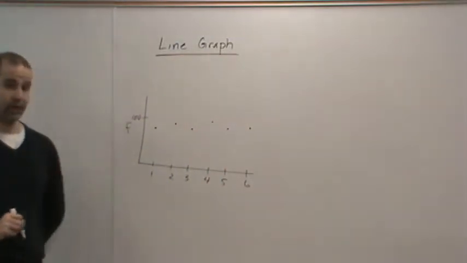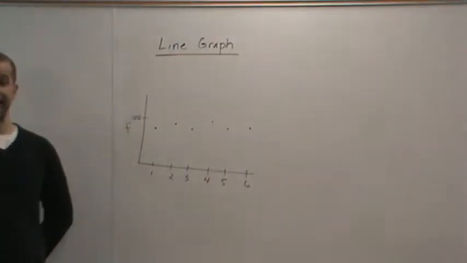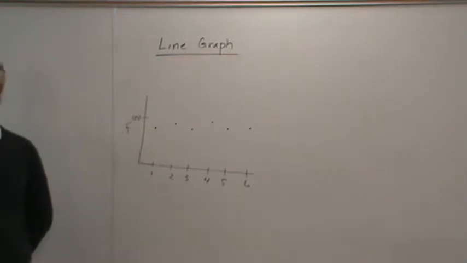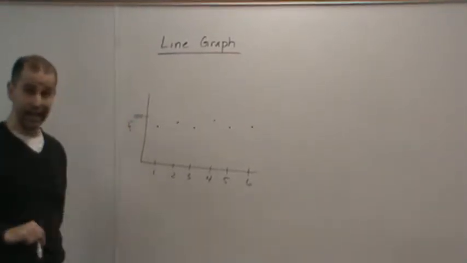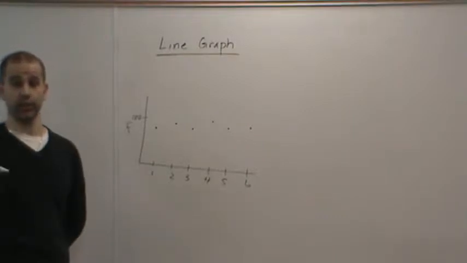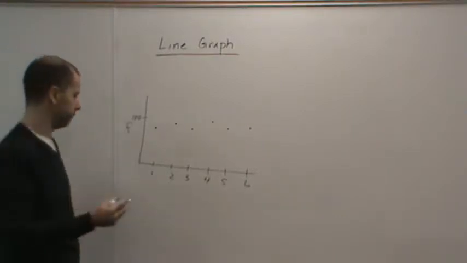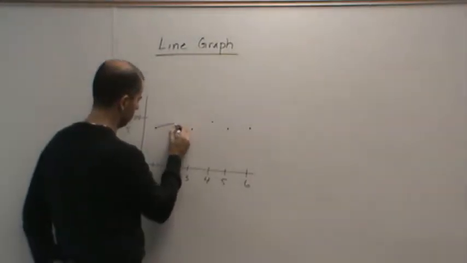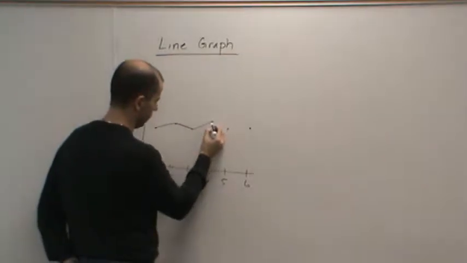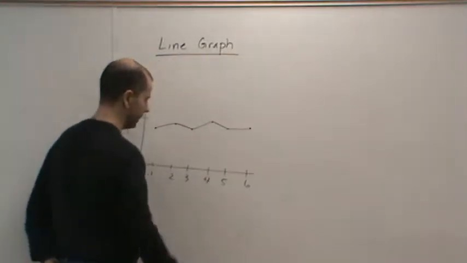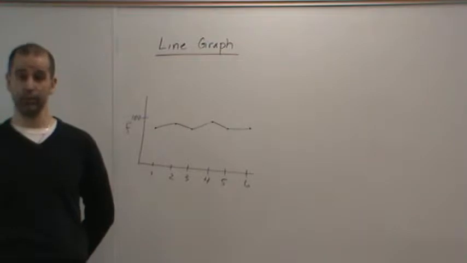Okay, so a line graph means that we would take the height of each bar, the frequency, right, the height, and we would just connect the dots with a straight line. And that's a line graph. And that's it. So that's a typical line graph.